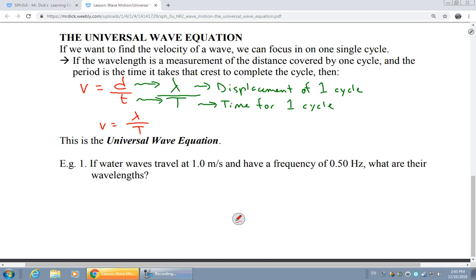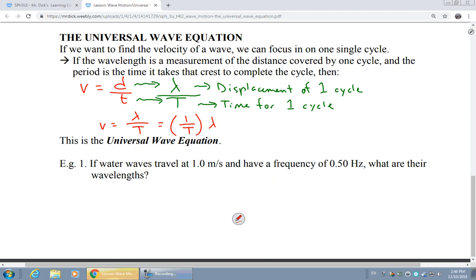So if we are doing lambda divided by T, well, dividing by something is the same as multiplying by its reciprocal. So for example, dividing something by 2 is the same as multiplying by 1 over 2, because 1 over 2, or 1/2, is the reciprocal of 2. So instead of dividing by period, dividing by big T, I'm going to multiply by the reciprocal.